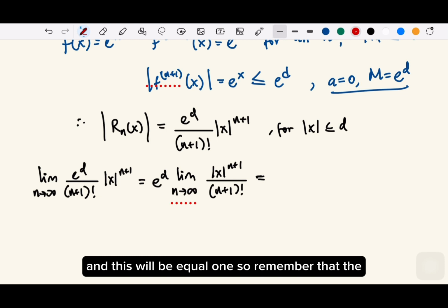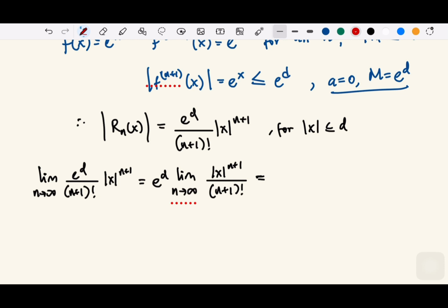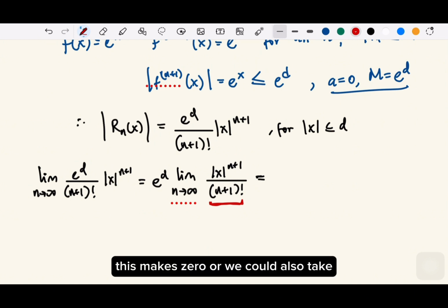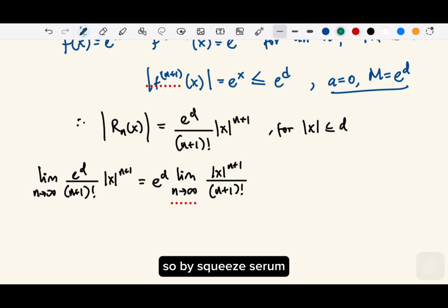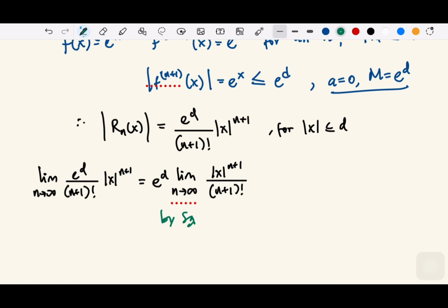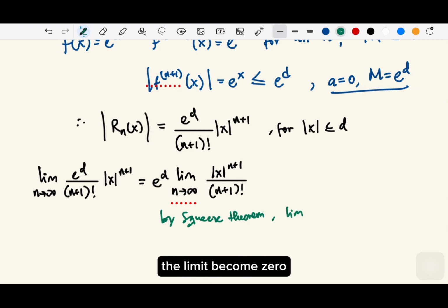So remember that this part here makes 0, or we can also take, by the squeeze theorem, the limit becomes 0.